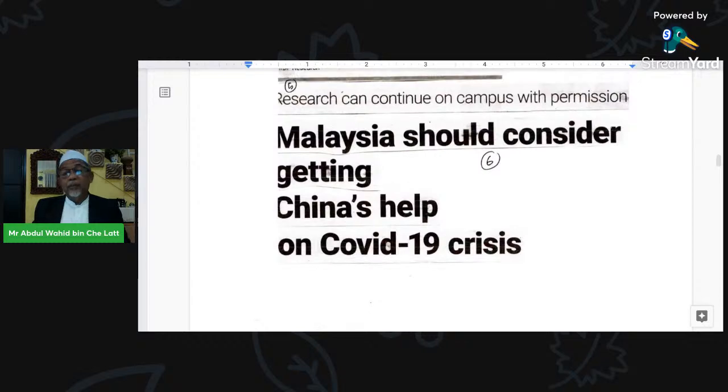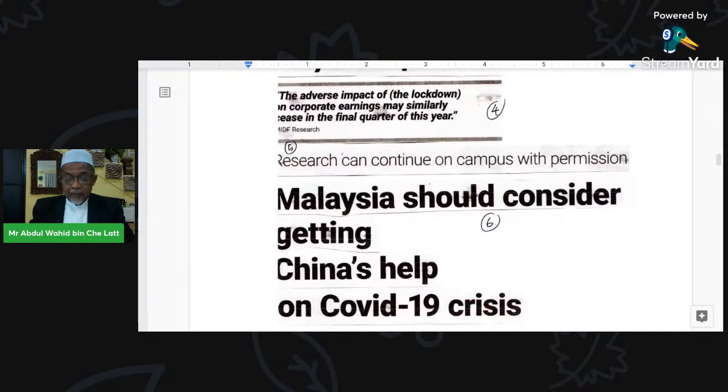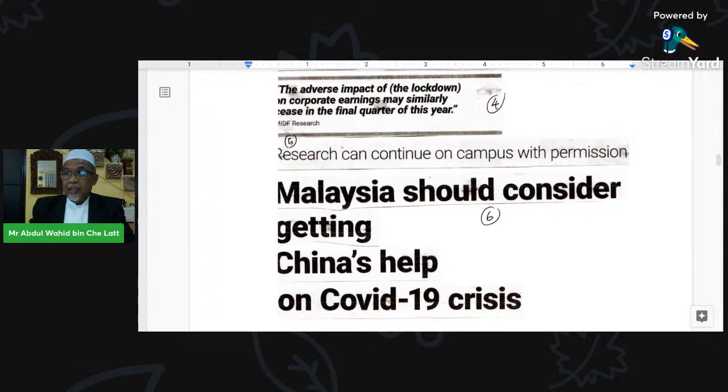Okay, ladies and gentlemen, we have gone through all the 7 texts and discovered that there are basically 7 main communicative purposes.